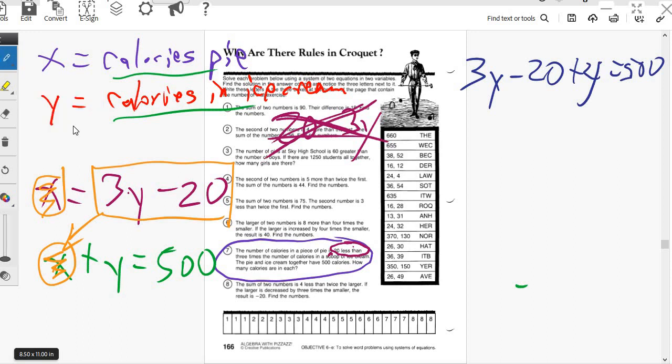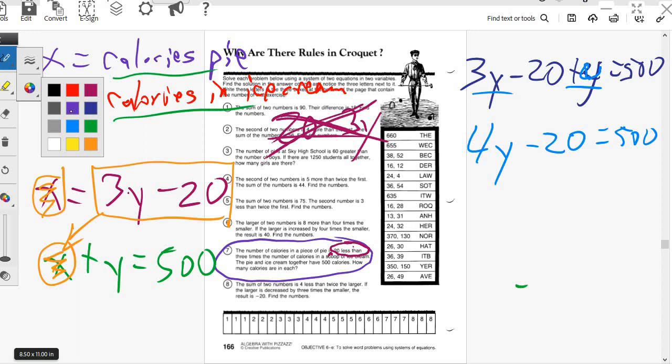Remember, we have to simplify before we solve. So there's 3y and plus 1y, so that gives us 4y. 4y minus 20 equals 500. Okay, now you see why we did that? Now we only have one variable, right? With one variable, we can use just the inverse operation to solve, right?